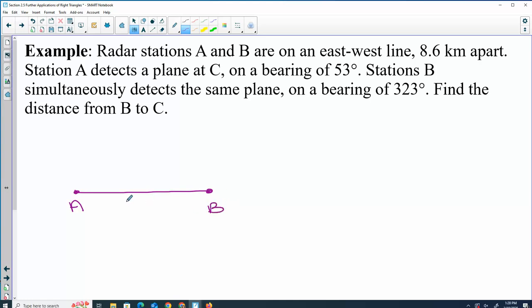And the distance between them is 8.6 kilometers. Station A detects a plane at point C on a bearing of 53 degrees. If I'm measuring bearing, we have to have a north-south line. I am measuring from station A, so we have to have a north-south line at A. And we'll just draw that in as a dashed line.